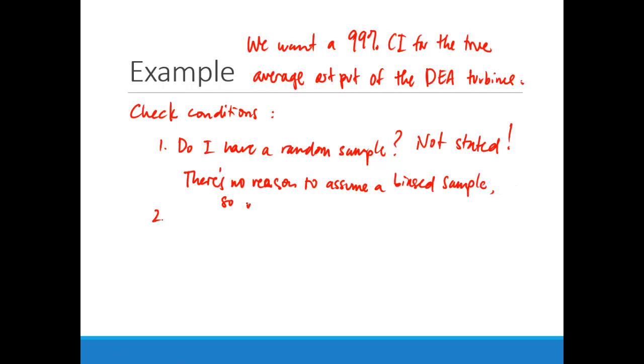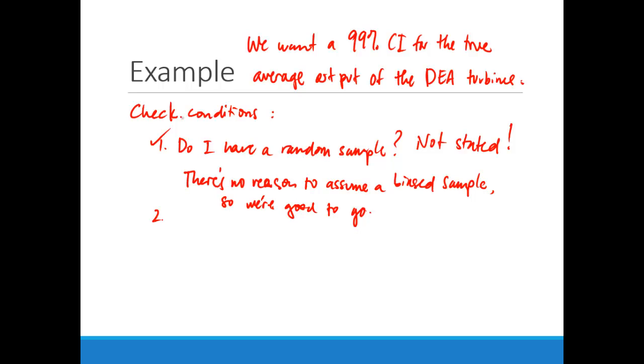So we're good to go here. Put a check mark by our random sample. Again, it's not stated that we have a random sample, but the Dutch Energy Agency is probably going to do a good job of giving us a sample that is not biased. Okay, so we're okay there.